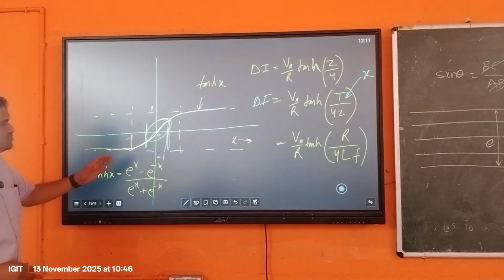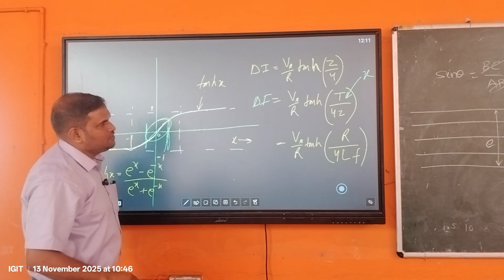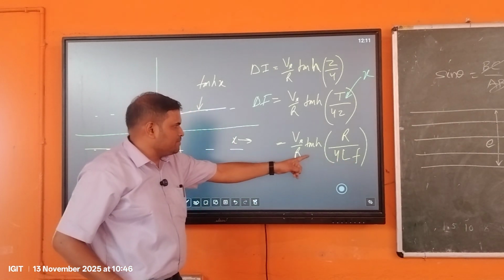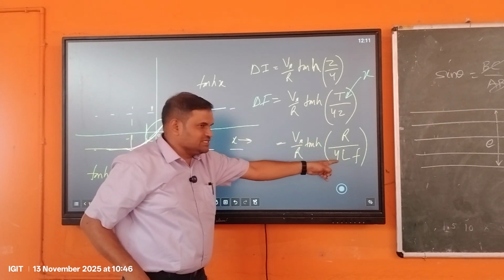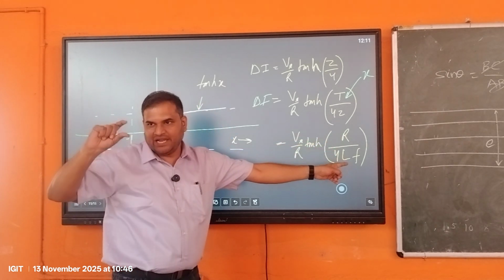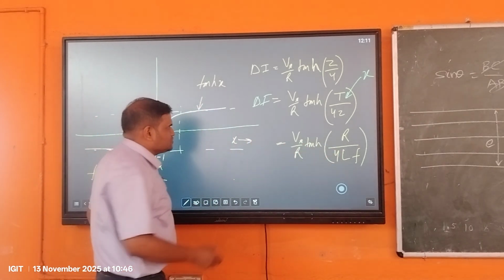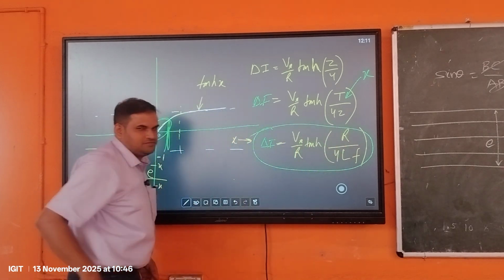The more you close in, the closer it will be. So to decrease it, you can increase the frequency, decrease the value of R, so current will rise. Increase the value of inductance, obviously del I will decrease, and obviously other things are the same. So finally you get the derivation complete, this one.